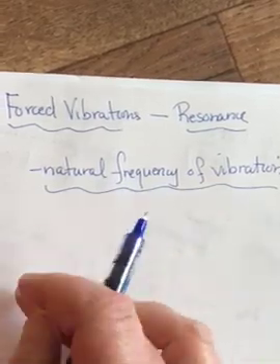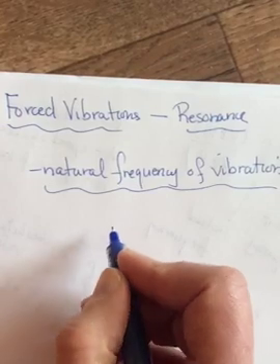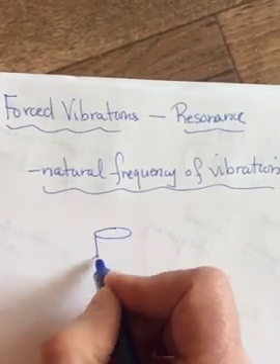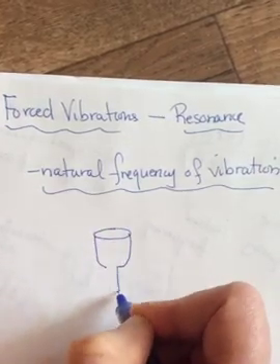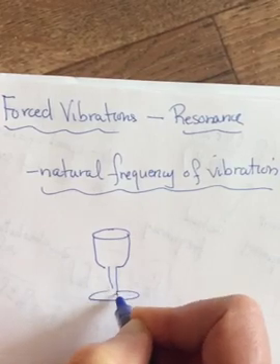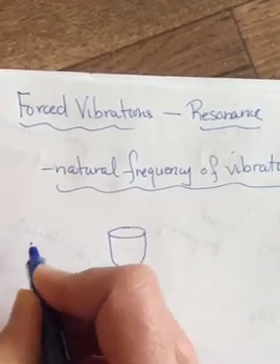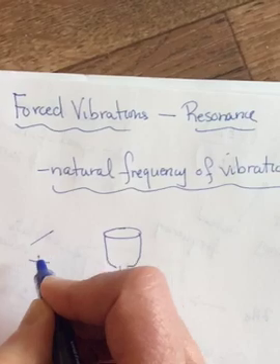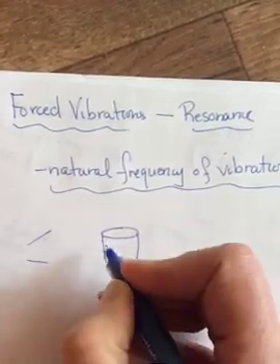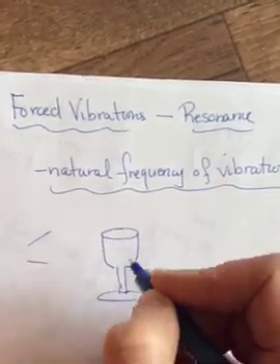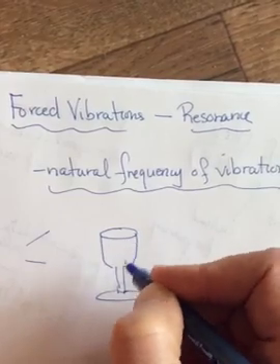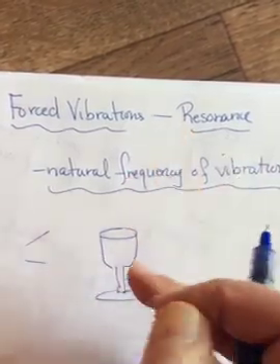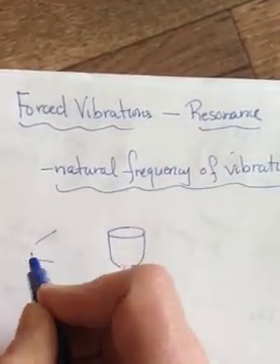If you've ever seen or heard of an opera singer cracking a glass, it is exactly this principle that they're using. Okay, so they're singing, there's sound waves, and they usually pick a pure crystal, something that has really only one element in it, so all of the molecules would have the same frequency of vibration.